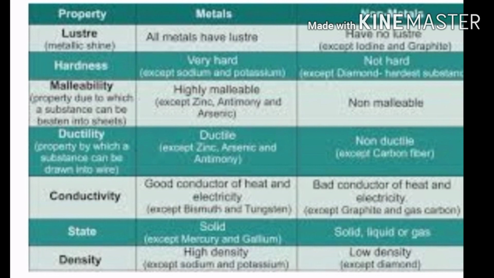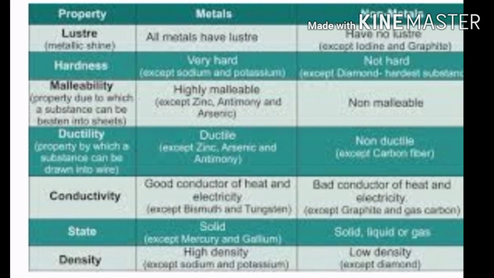Metals are good conductors of heat and electricity, while non-metals are poor conductors of heat and electricity, except graphite and gas carbon. State: mostly metals exist in the solid state, except mercury and gallium, which exist in the liquid state, while non-metals exist in the solid and gaseous forms.